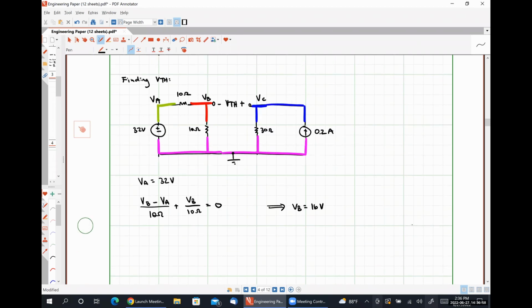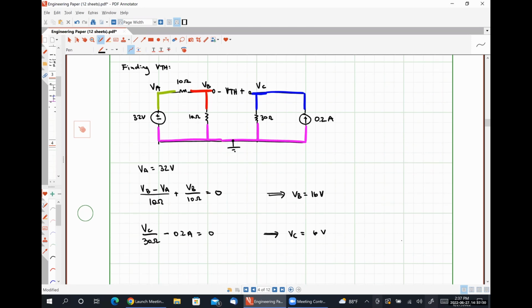When we apply Kirchhoff's current law at node C, we're going to have VC over 30 ohms minus 0.2 amps is equal to 0, which we could solve, and we would find that VC is going to be 30 times 0.2, which is 6 volts.